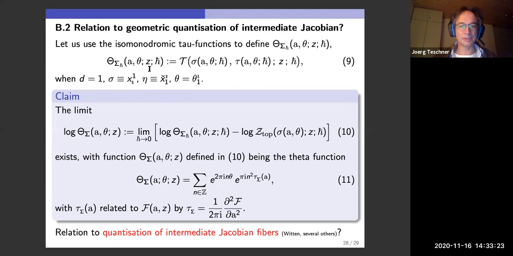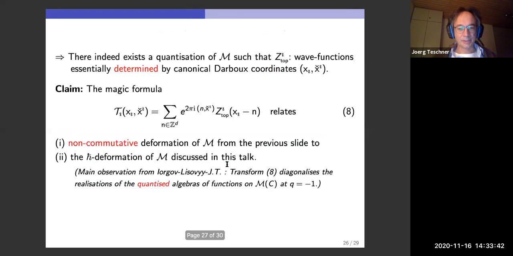So that is in any case this conjugate coordinate, so it's basically related to A and B cycle period, but then here deformed into quantum period.